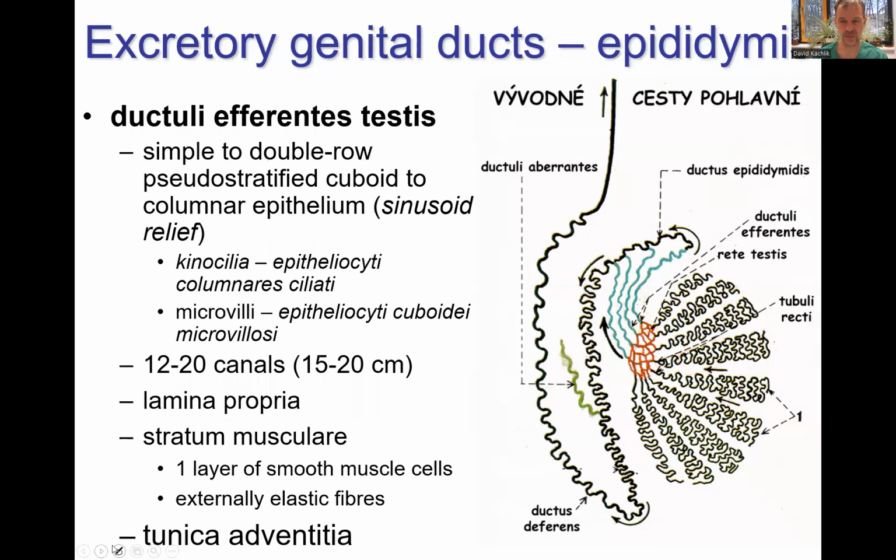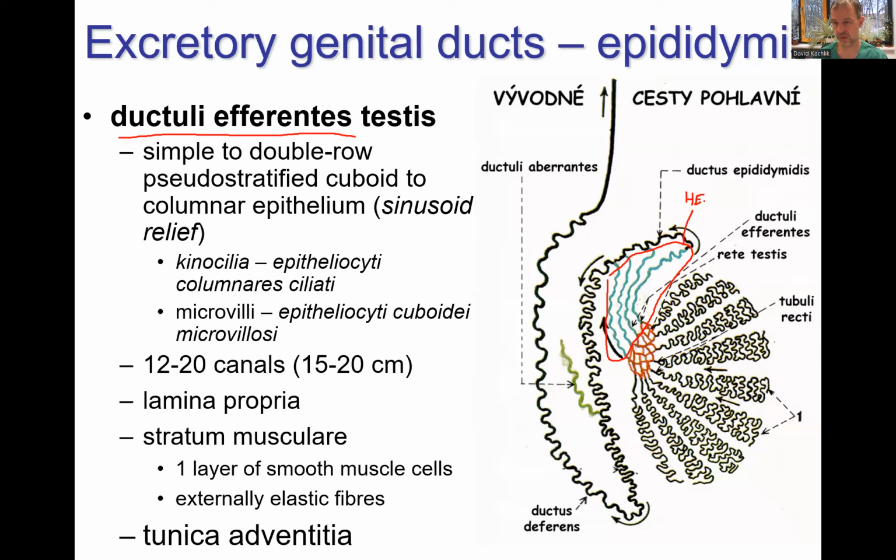The first structures are called efferent testicular ductules. Yeah, these blue ones. They are called efferent ductuli of testis, but they are already located inside the head of epididymis. So that's important.